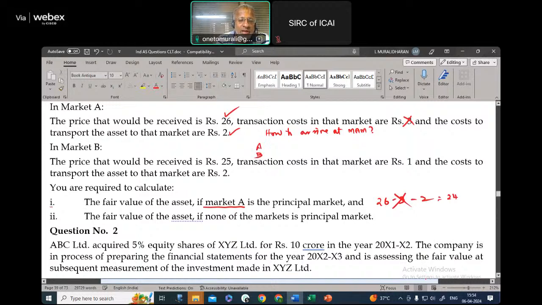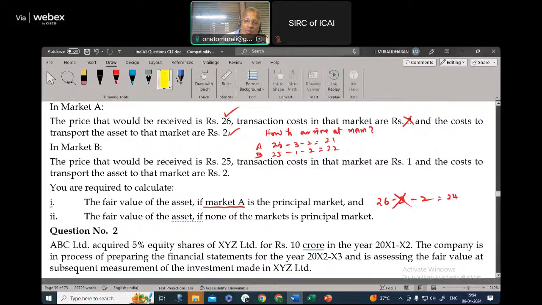I am expected to take up all items. A: 26 minus 3 minus 2, 21. B: 25 minus 1 minus 2, which is equal to 22. Now, which one is the most advantageous market? The most advantageous market would be B. Why? 22 is greater than 21. So that is how you arrive at the most advantageous market, where I get the better price.